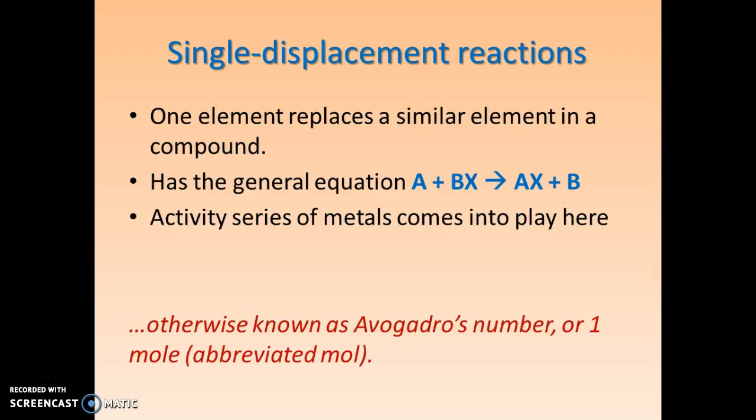But decomposition, single displacement. Again, we're looking at this general formula. Now, it is a little trickier to see sometimes, but what you're really looking for here is trading places. And you'll notice that we always have something, in this case we're just going to call it X. X is really switching places from B to A. And one thing that Ace was asking comes down to this: could you have, for example, on the reactant side, BX plus A?